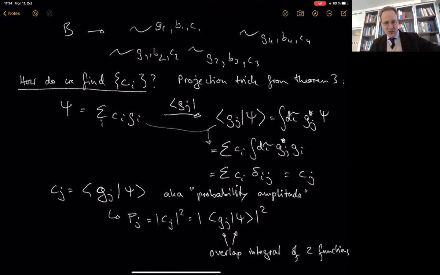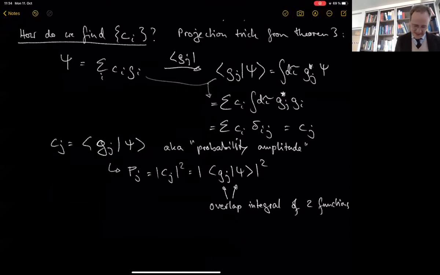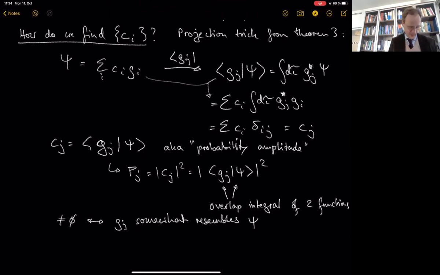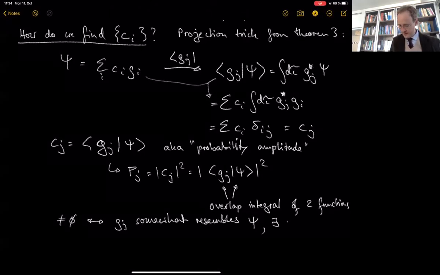I mean, that's pretty obvious, but that's now explicitly written down here for that probability amplitude. So if this is non-zero, then this means Gj, other components of course, somewhat resembles your total function, right? So in other words, there is overlap.